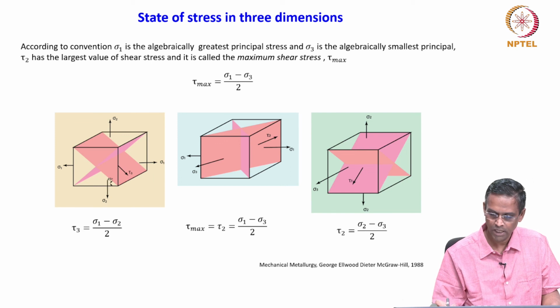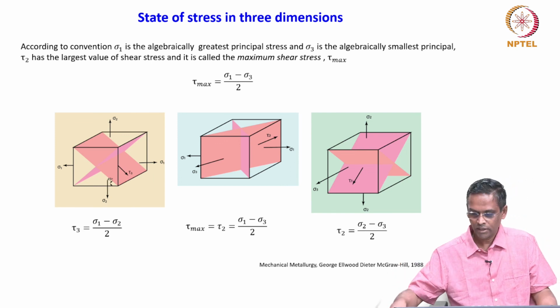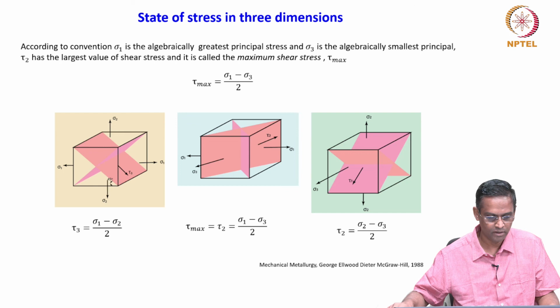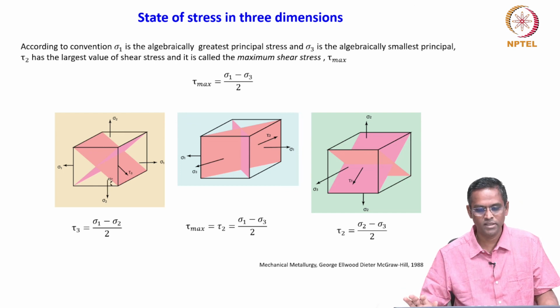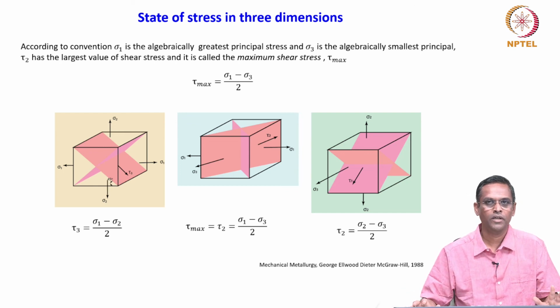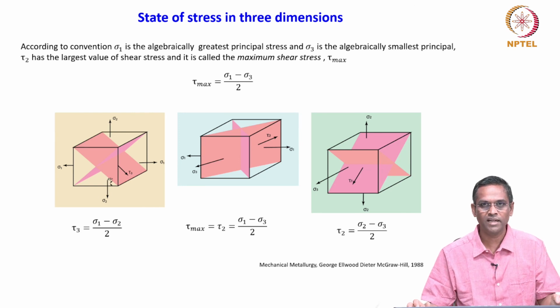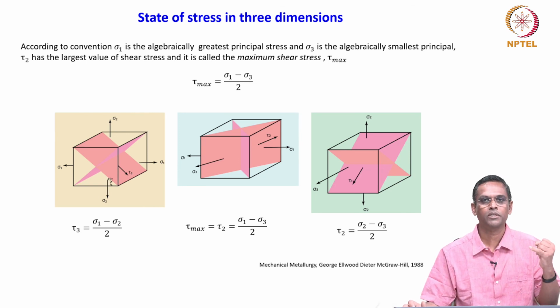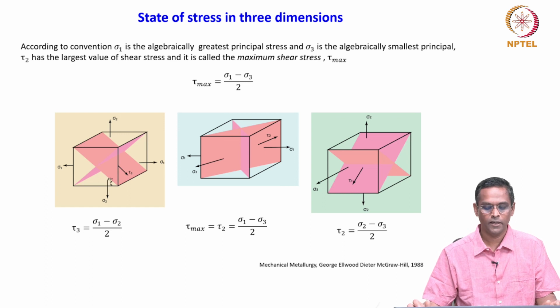What we are trying to convey through all this derivation is that we are not only physically able to see the principal plane where the principal stress acts, and the principal plane where the principal shear stress acts, but also how they are connected angularly.